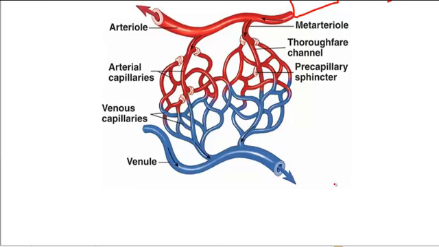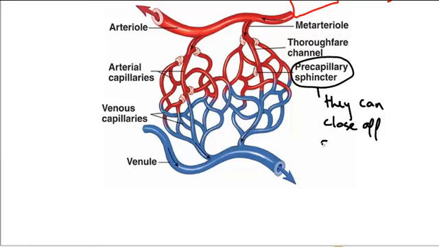And the important thing here that we want to note are these things called precapillary sphincters. They can close off a capillary bed.